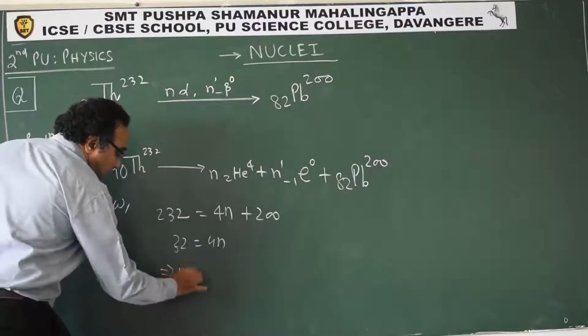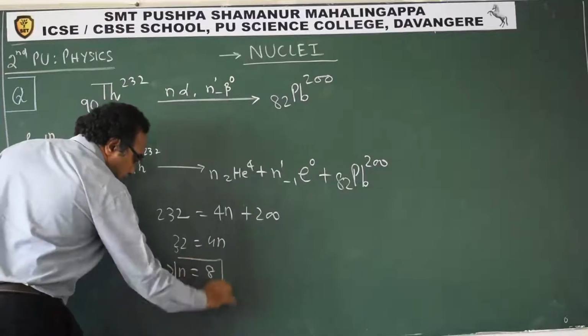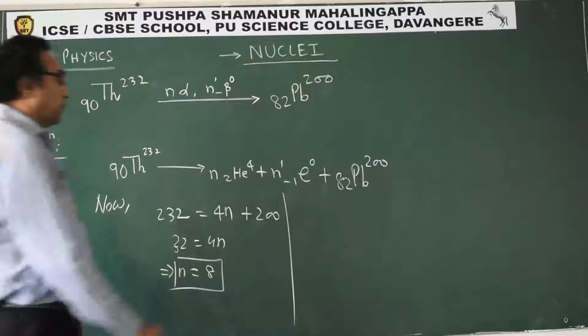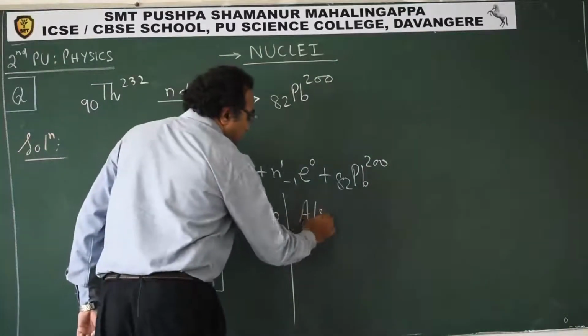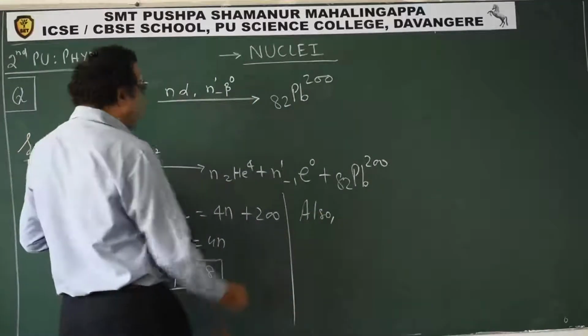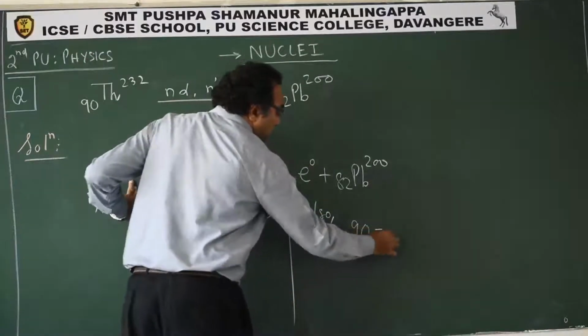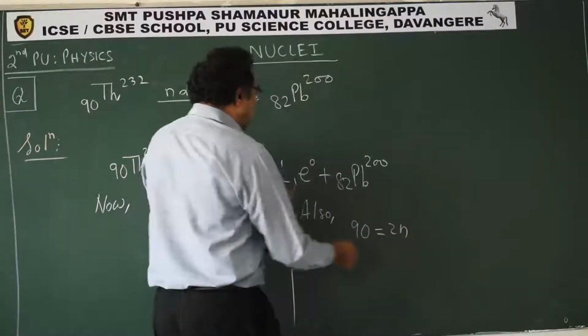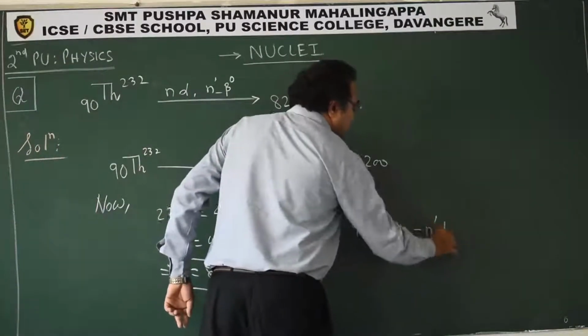This means n is equal to 8. Now let us take the subscripts. 90 is equal to 2n, minus n dash, plus 82.